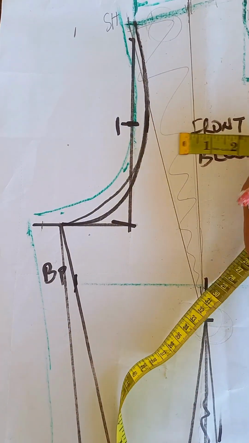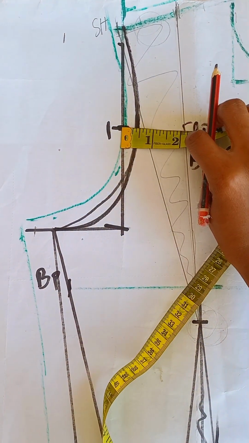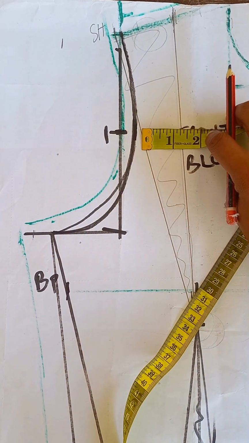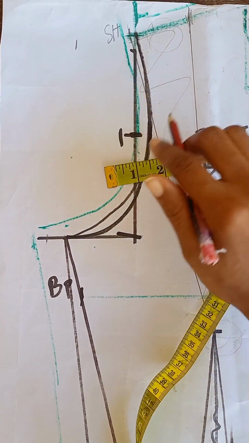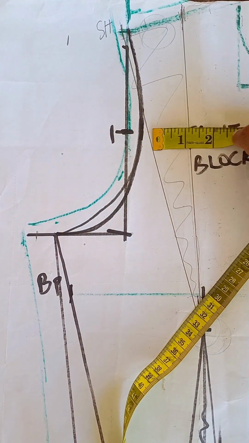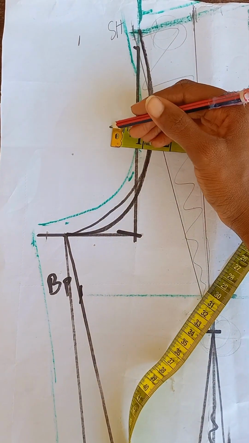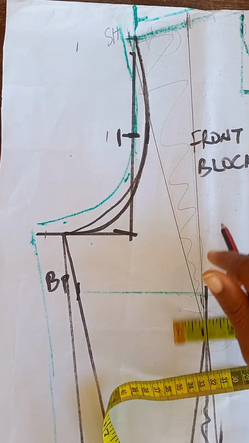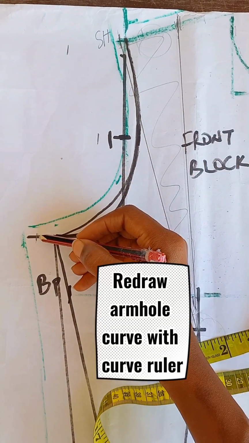We'll come here where we took in our half inch to get our armhole curve. You measure what you have here, you have 1¼. From this point, the way we're cutting our armhole from, you measure that 1¼ and you put it here. So you connect now with your armhole curve from here to here and here.